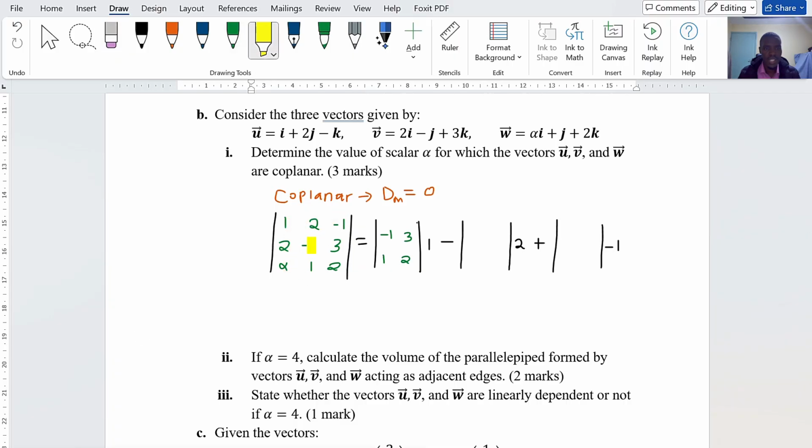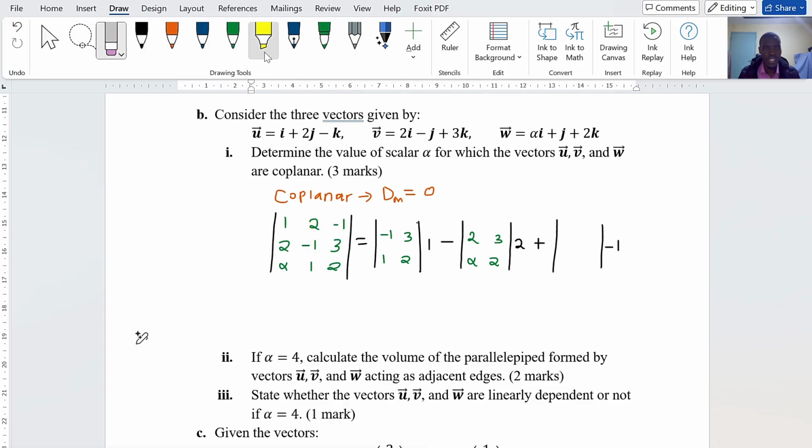You want J, which is 1. The matrix for J, you delete column 2 because J is in column 2 and also in row 1. That is what you can see. The matrix remaining is 2, 3, alpha, 2. Correct. Now that is done.